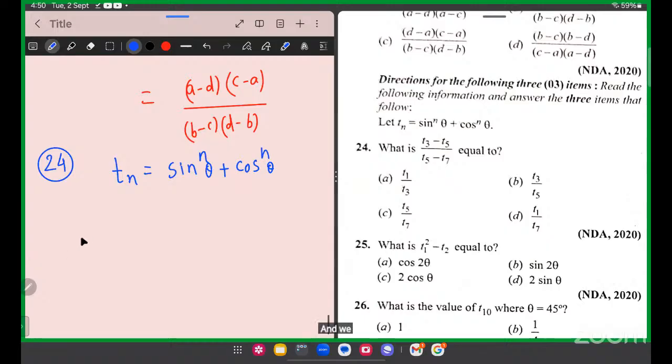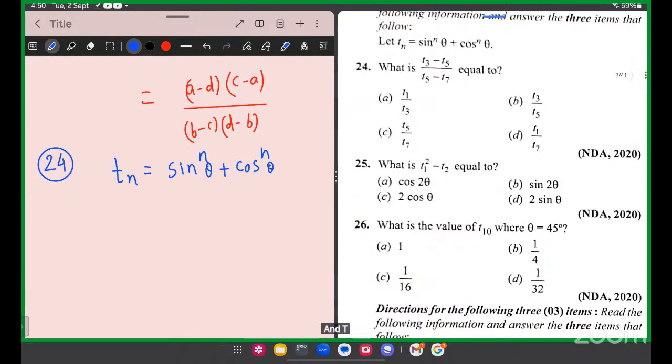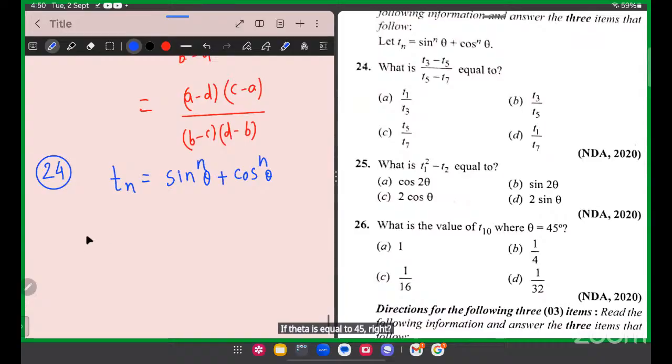And we have to find out the value of t3 minus t5 divided by t5 minus t7. Then another value t1 square minus t2, and t10. We need to find out the value of t10 if theta is equal to 45, right? Okay. Next. So let us start with question number 24.